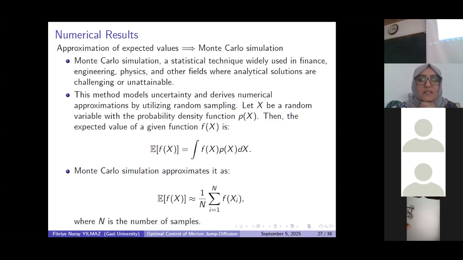widely used in finance, engineering, physics, and other fields. This technique is based on taking the average value of the integration over the domain actually.